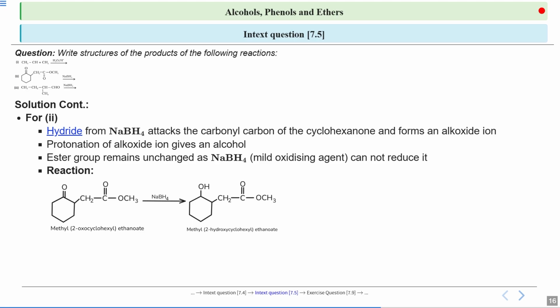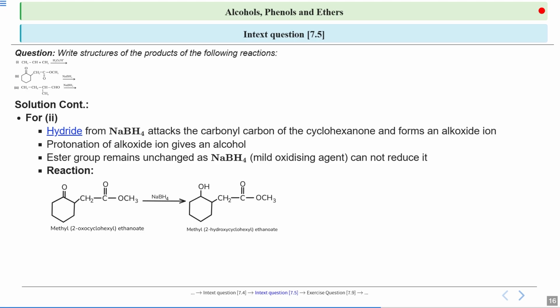The other C double bond O, the carbonyl group present in our cyclohexane, is going to be affected by sodium borohydride and get reduced. Basically, hydride from sodium borohydride attacks this carbonyl carbon, breaks the double bond with the oxygen, and the oxygen gets a negative charge. And then what will happen?